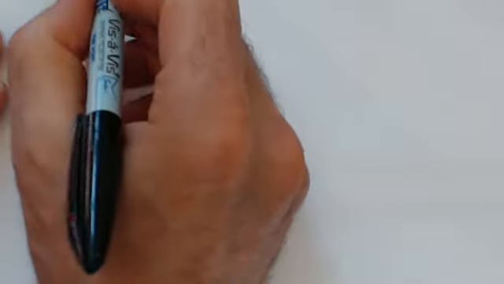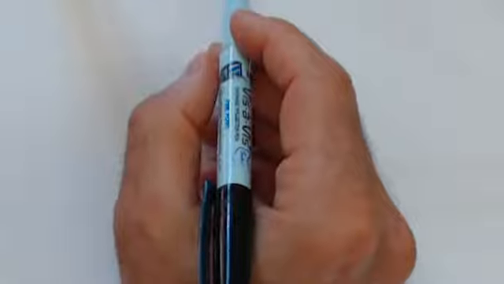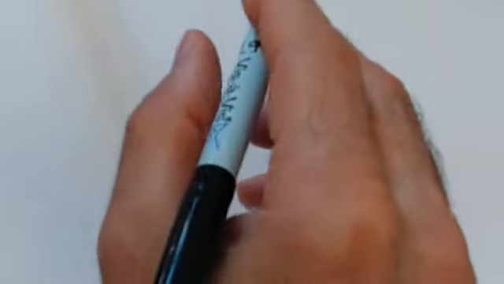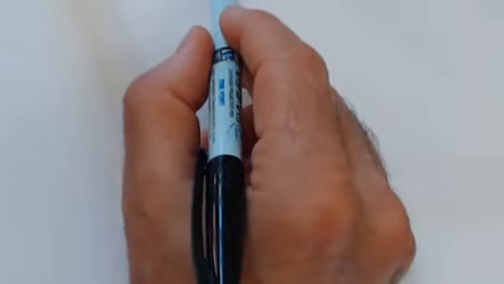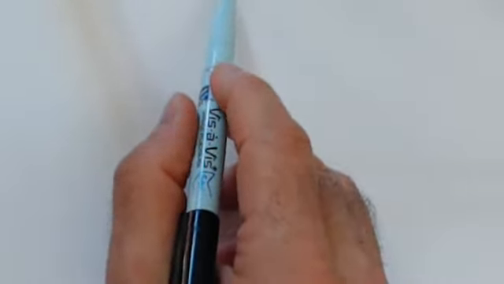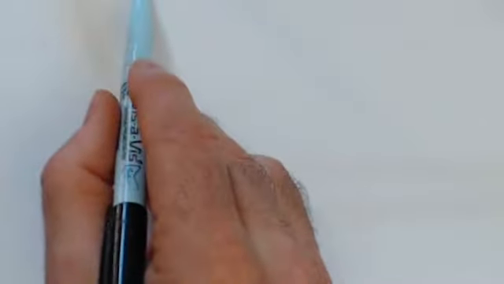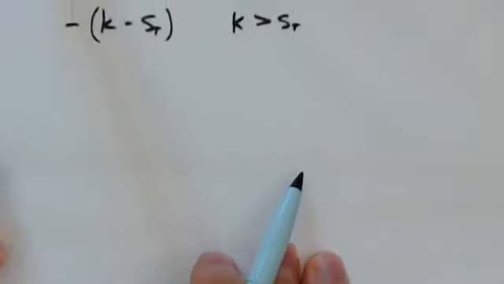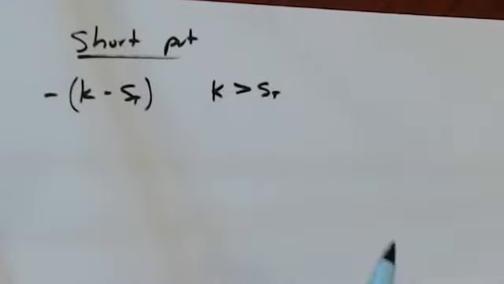Now, with a short put, the payoffs are the same as what we saw with a long put, except there's a negative sign. With a long put, right, when K was greater than ST, the payoff was this for a long put, but now we're short, so wrap a negative sign around it so you can see it here.